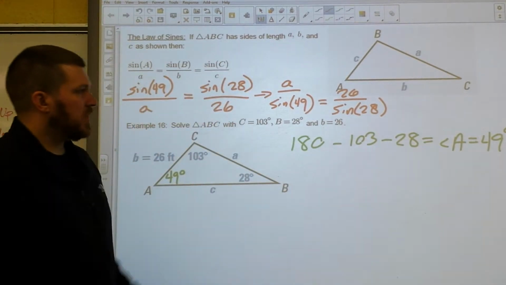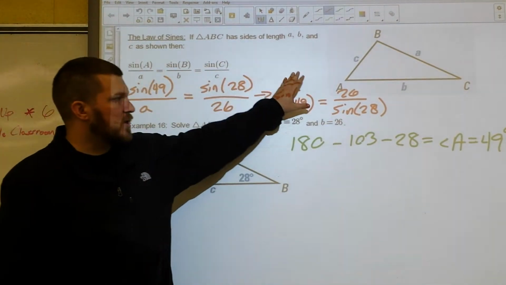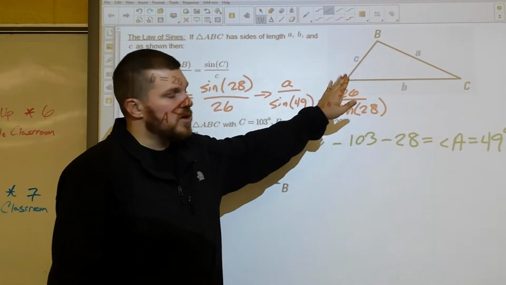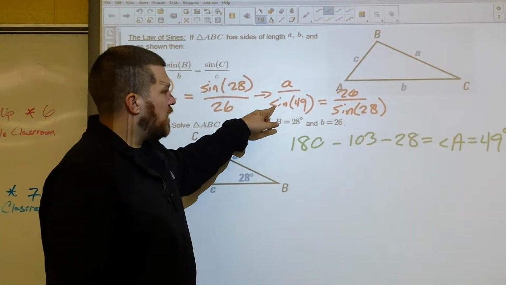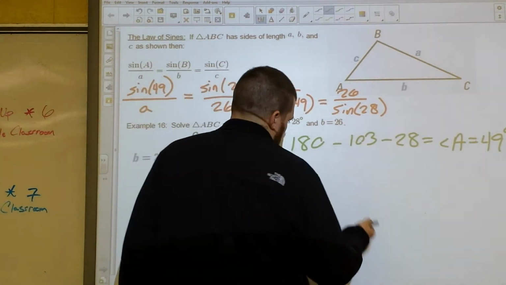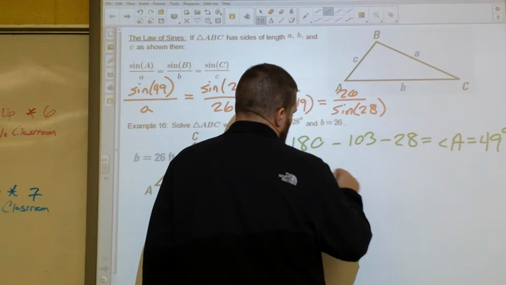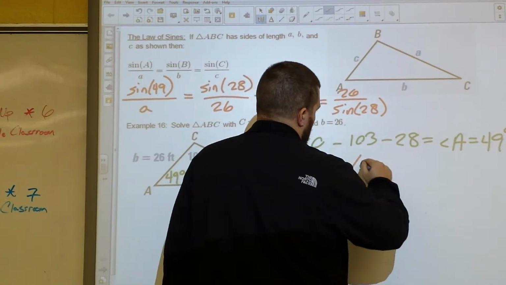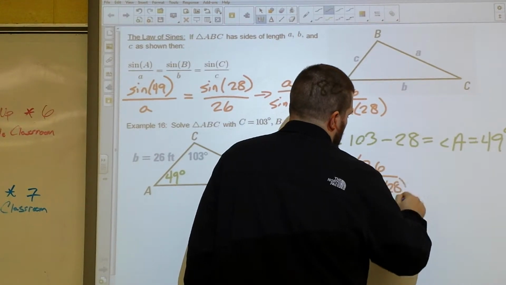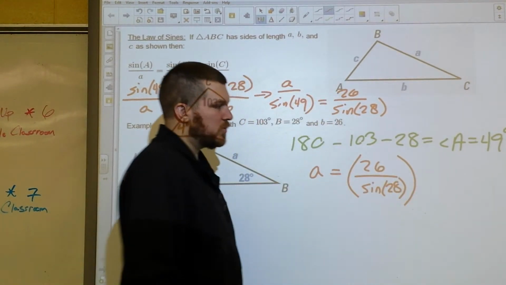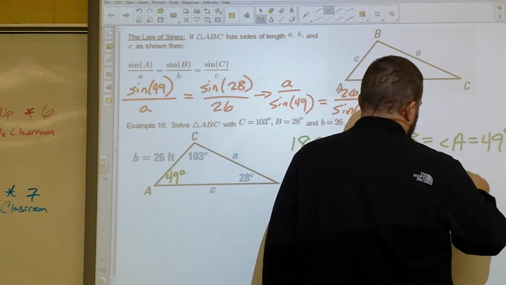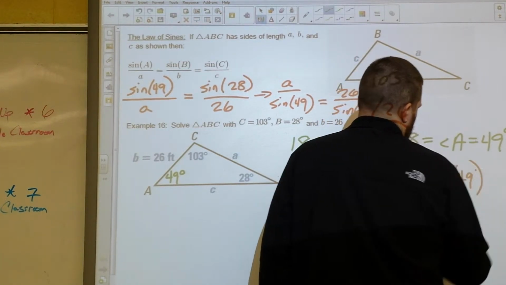Now that I flipped both of them, these 2 ratios are still equivalent. I want to get A by itself, so I'm going to multiply both sides by sine of 49 degrees. So A is equal to the fraction 26 over sine of 28, and it's a fraction, so it goes in parentheses, times the sine of 49 degrees.